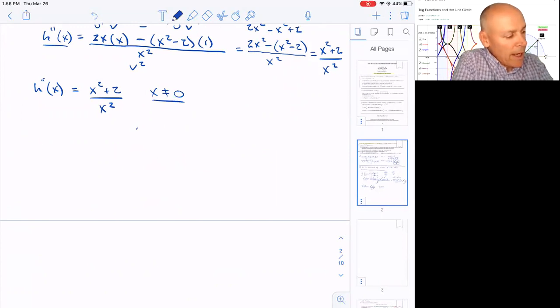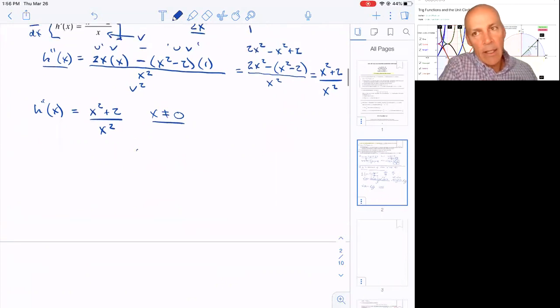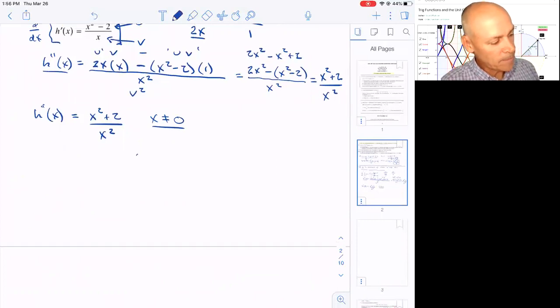But I'm looking at any other value for x besides 0. Well, if I look at that second derivative, think of it this way. Any number, again, the only thing excluded is 0, but any number that we plug in for x is going to give us, let's think about it. Let's just do one. If you go h double prime of 1, plug that in, we're going to get what? 1 squared plus 2 over 1 squared, which is going to yield 3, right?